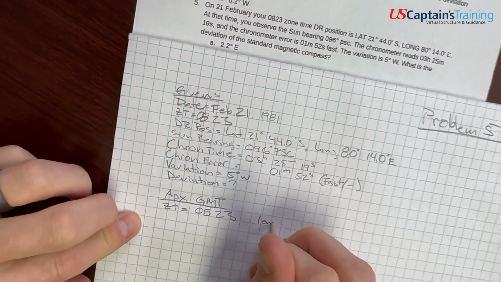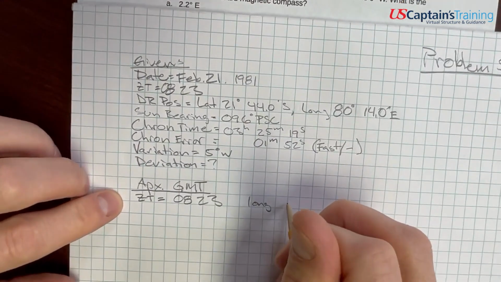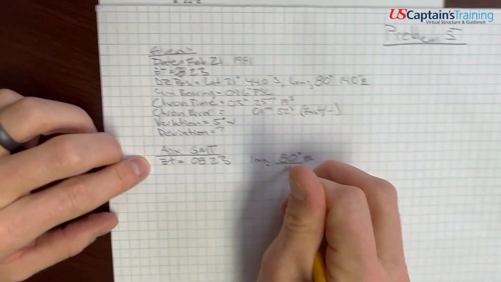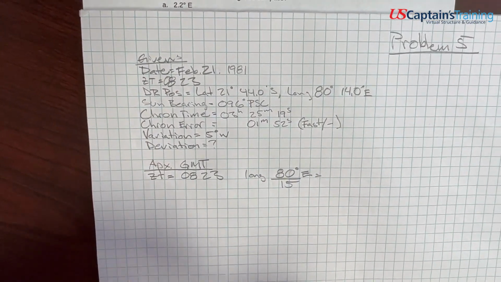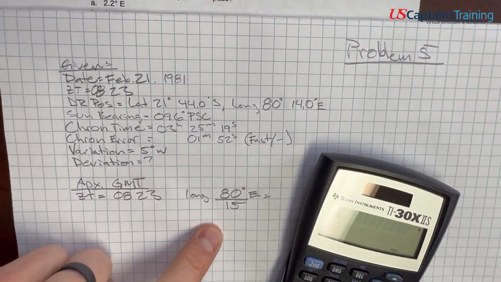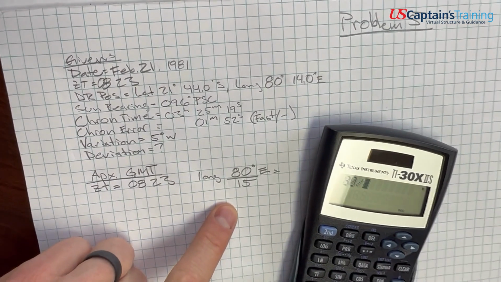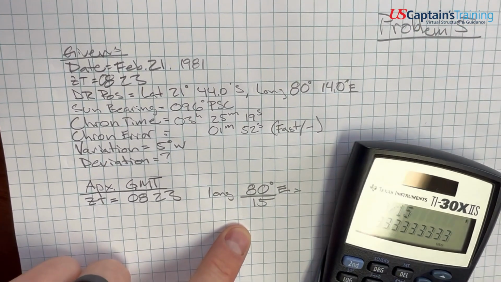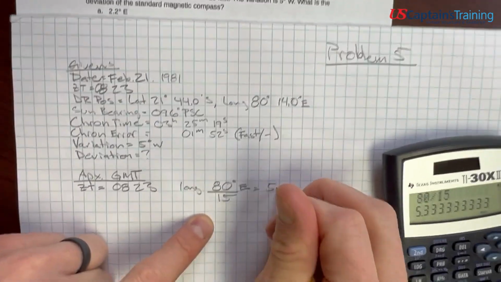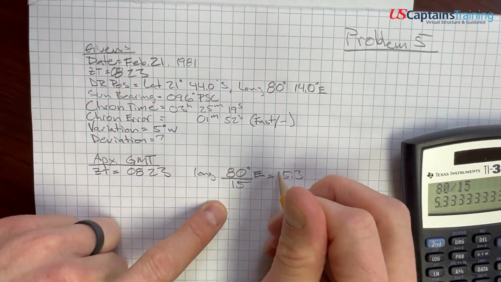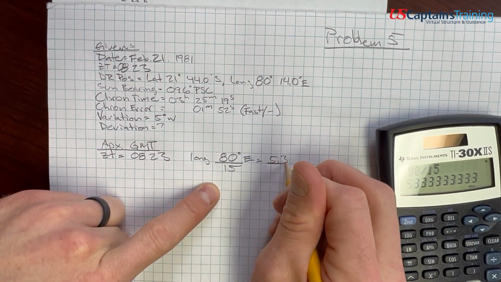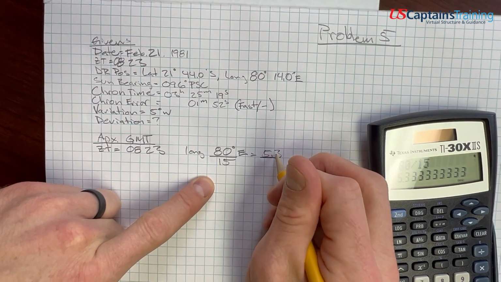And then we can take the longitude, 80 degrees east, and divide it by 15 to get how many hours away from Greenwich Mean Time we are. So 80 divided by 15 equals 5.3. We just need the full number, 5. It's less than 0.5, so we round down. So we get 5 hours.